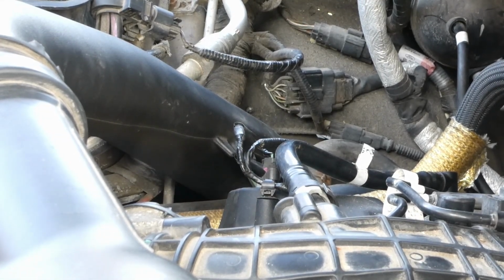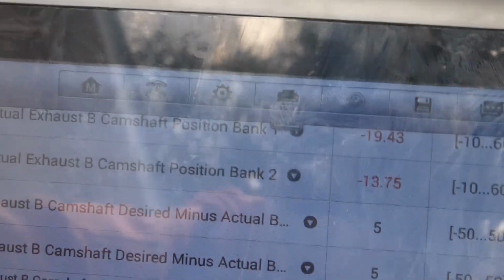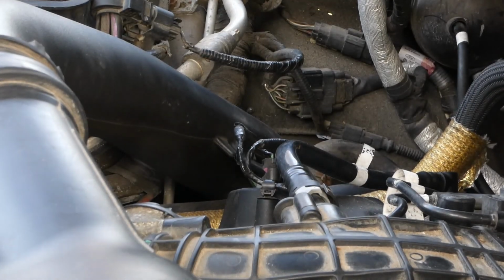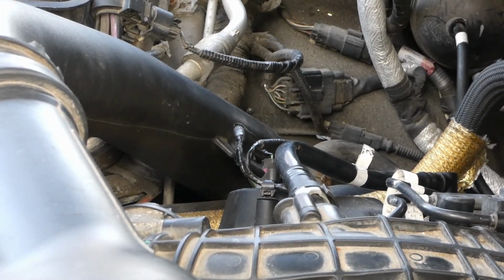No change. No change. Now it wants us to connect our jumpers.